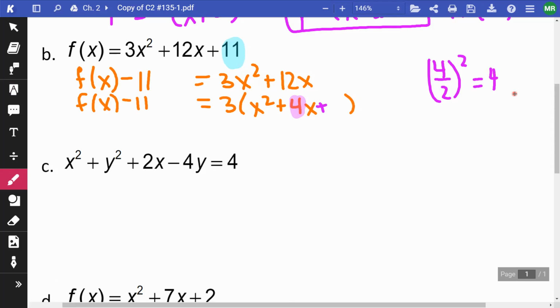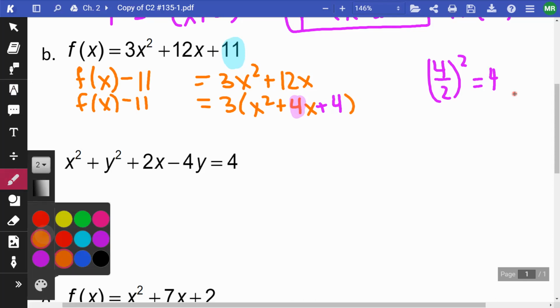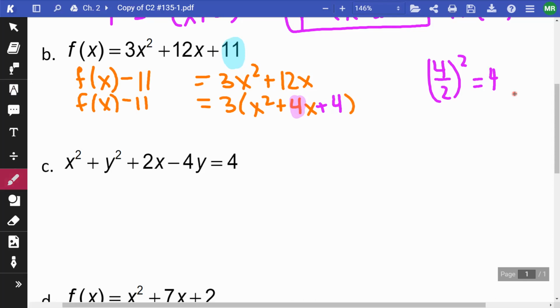So I'm going to add 4 here. Now, what I have to be careful of is we do have this 3 in front. So this is really 3 times 4, which is going to be a 12. So I added 4 into this parenthesis. I'm not adding 4 over here because this is a 3 times 4 or 12.